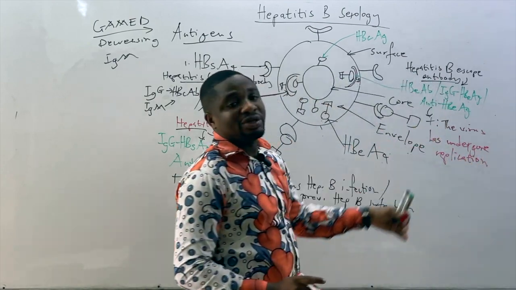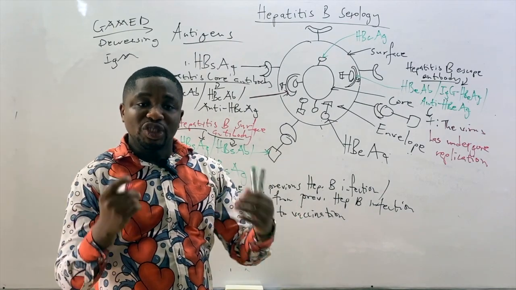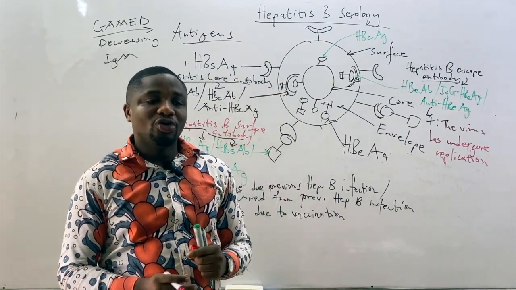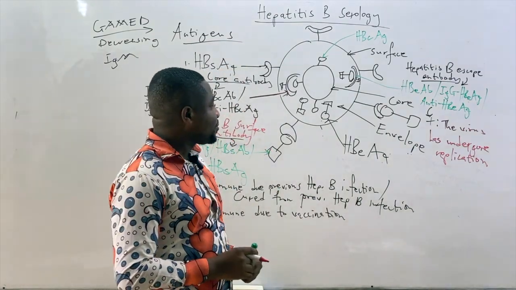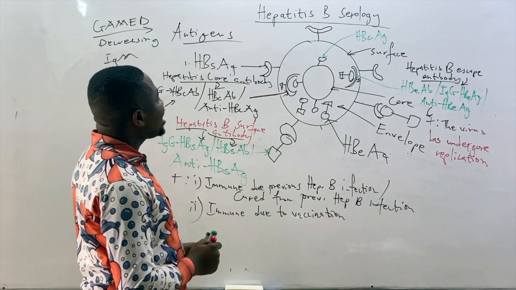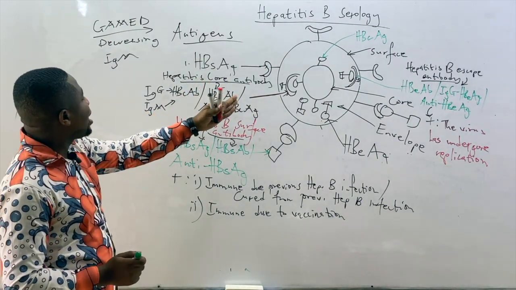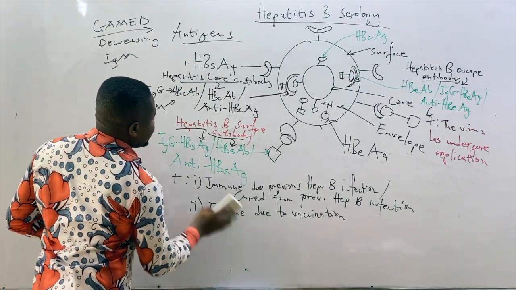The virus has undergone replication. It means the virus has already replicated, has produced new and new copies. So that patient definitely has new and new copies within the circulation and can easily transmit it. Okay. Then the last one is hepatitis B core antibody.